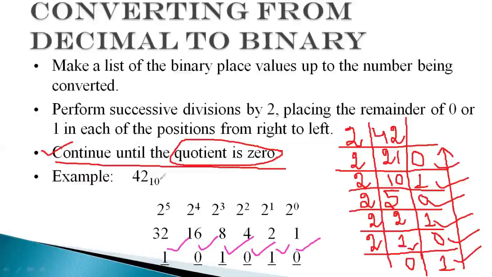That will be written something like 42 to the base 10 is equivalent to 101010 to the base 2. This is how we can convert any decimal number into a binary number.